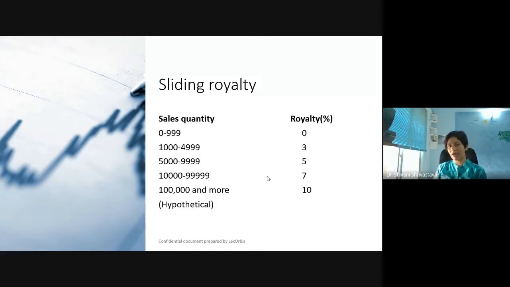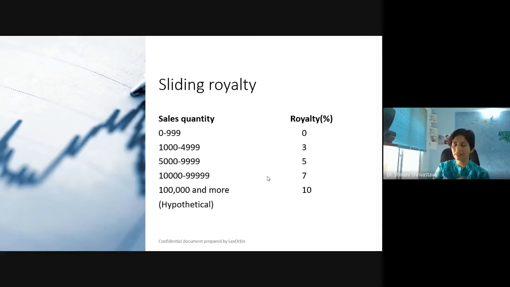For example, before 1000 there can be zero royalty because the licensee is not able to sell sufficient products in the market. As the sales number goes up, the percentage of the royalty can increase.